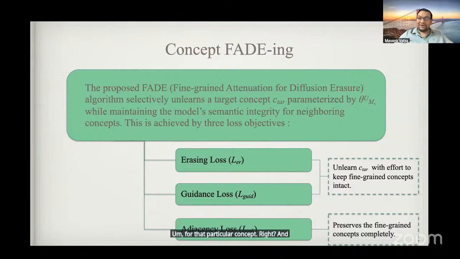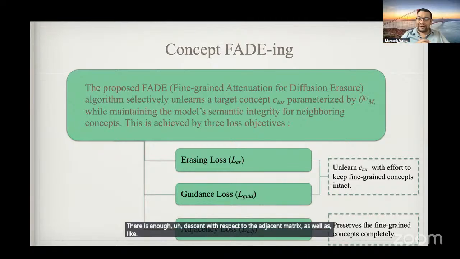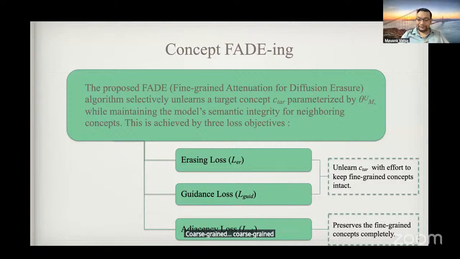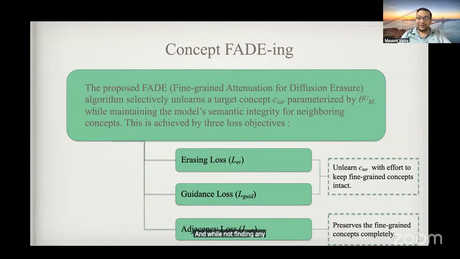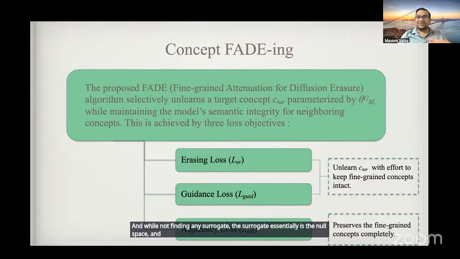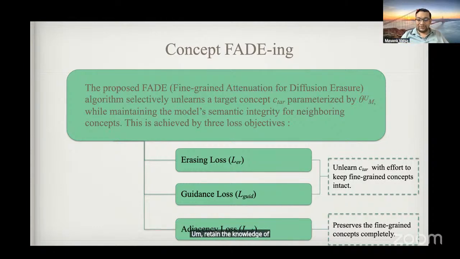And the adjacency loss ensures that there is enough descent with respect to the adjacency set, as well as the far away concepts in the coarse-grained set, right? So the erasing loss and guidance loss ensure that we forget CTAR while not finding any surrogate, since the surrogate essentially is the null space, and the adjacency loss helps retain the knowledge of fine-grained as well as coarse-grained concepts.